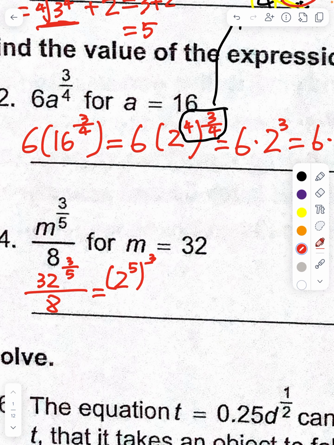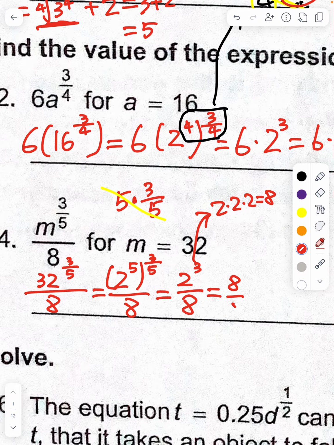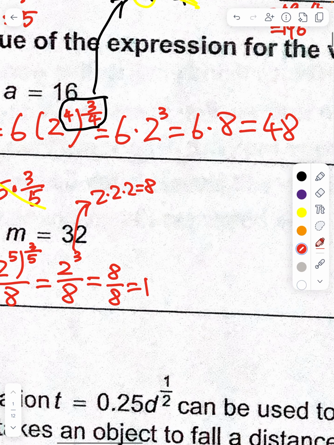And then we have another power multiply outside. So power of power, they multiply. 5 cancel out. We only have 3 left. So 2 raised to the power of 3 all over 8. We know 2 cubed is 2 times 2 times 2. This is equal to 8. So 8 over 8. 8 divided by 8, that's 1, right?